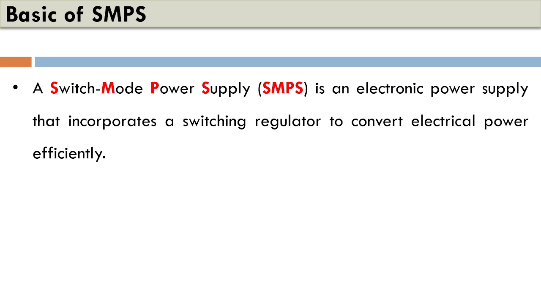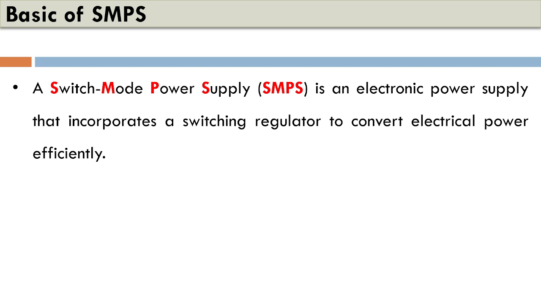Now let's see what SMPS actually is. It is a switch mode power supply. It's an electronic power supply that incorporates a switching regulator to convert electrical power efficiently. So in this particular circuit, we have high speed switching transistors regulating the output voltage.